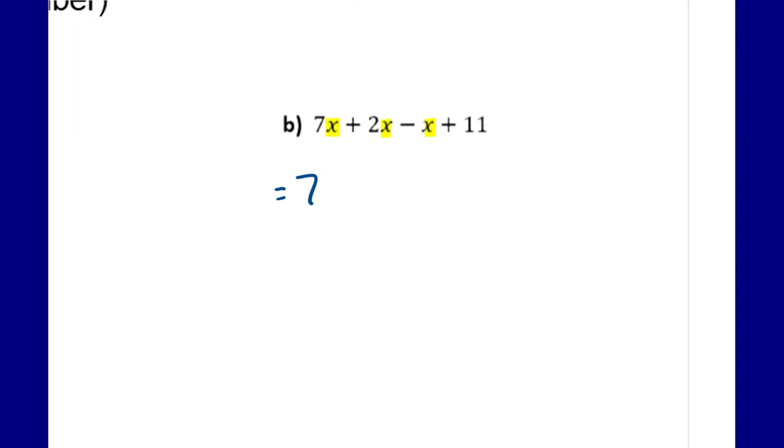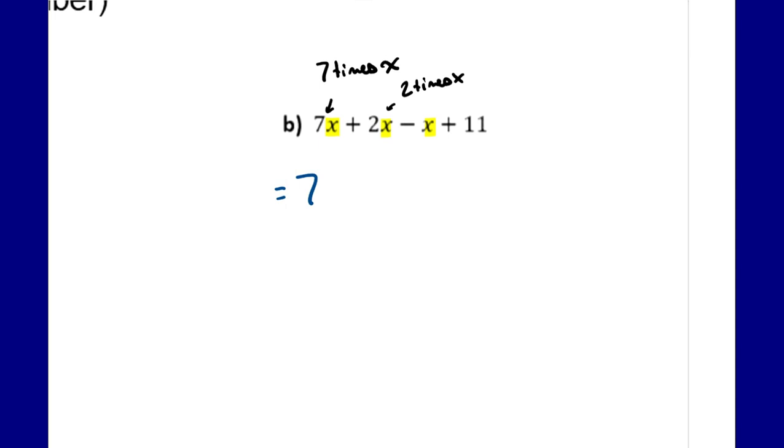Again, we had mentioned before, if we don't see an operation, we can assume it is multiplying. So this is the same thing as saying 7 times x, or 7 times whatever x is. This is the same thing as saying 2 times x. And the last one is just x on its own.